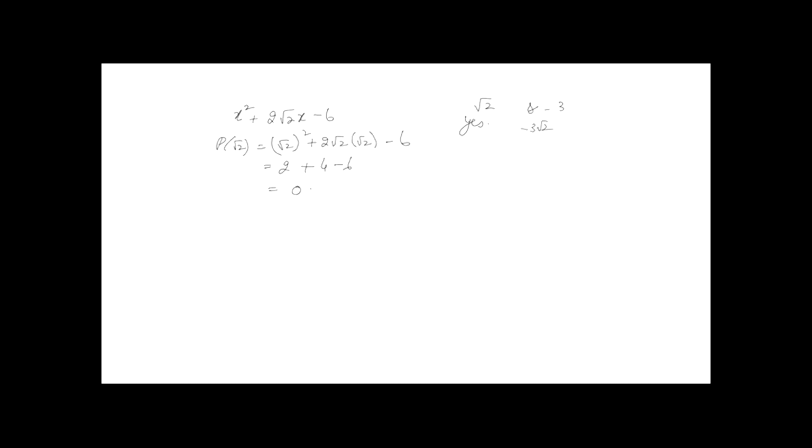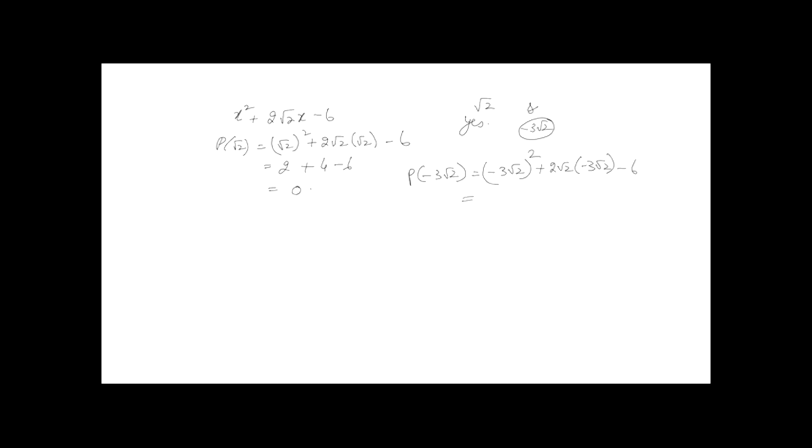Now let us check minus 3 root 2. Minus 3 root 2 we have to check. So p of minus 3 root 2 equals minus 3 root 2 whole squared plus 2 root 2 into minus 3 root 2 minus 6.